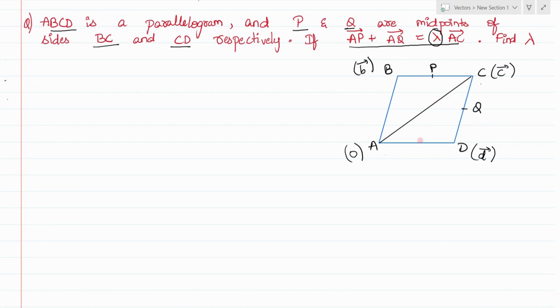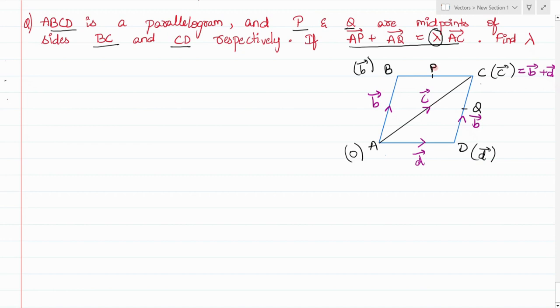So we can use the triangle law of addition. So this is the d vector and this becomes the b vector, as the parallel vector is b. So how to calculate the c vector? By using the triangle law of addition, we can write the c vector as b plus d.